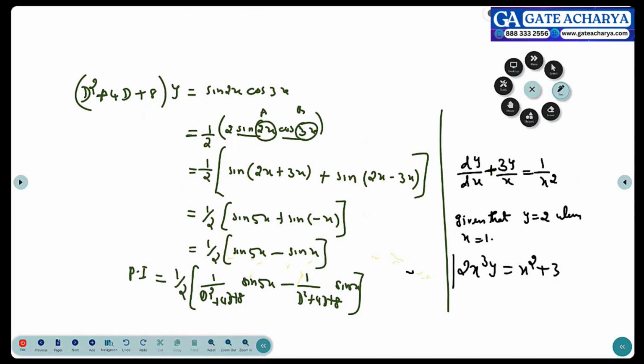See if you get this answer. However you wrote it, 2x cube y is equal to x square plus 3, or y is equal to 1 by 2x plus 3 by 2x cube. Either this or this is the answer.